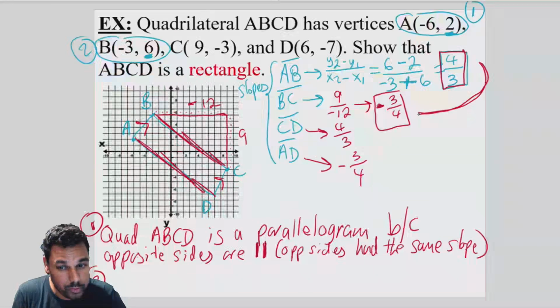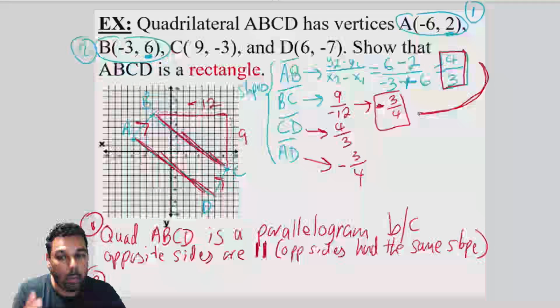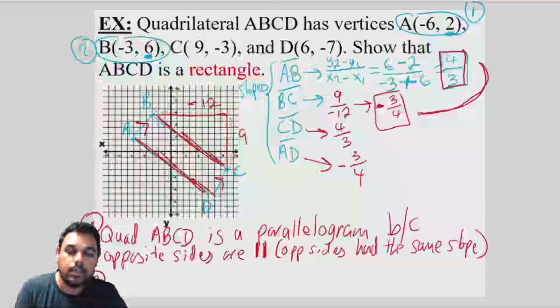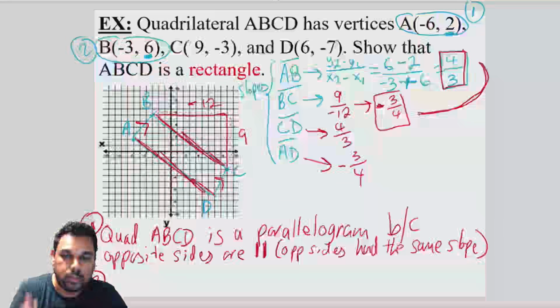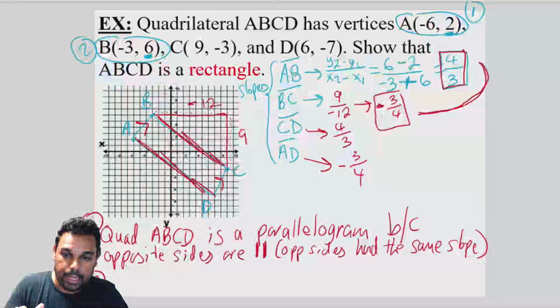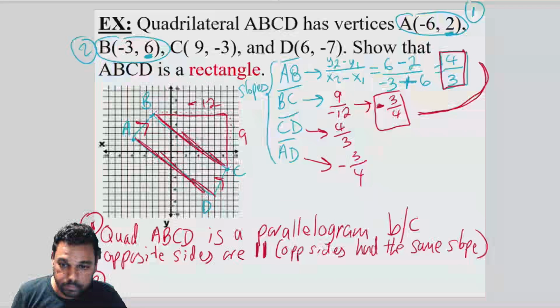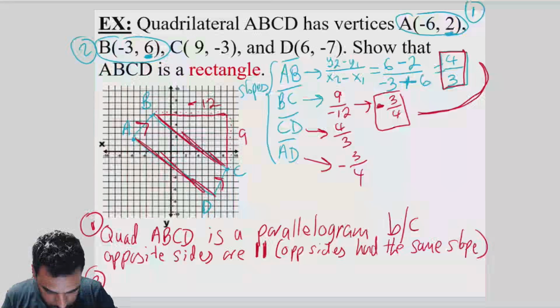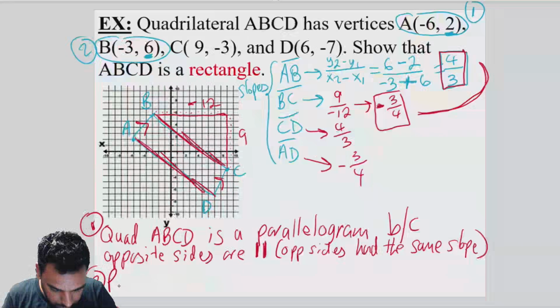So that means that those two sides are perpendicular. And what do we know about perpendicular lines? They form right angles. So basically, this shape has a right angle in it, and that just makes it a rectangle. So now I'm going to call it parallelogram.